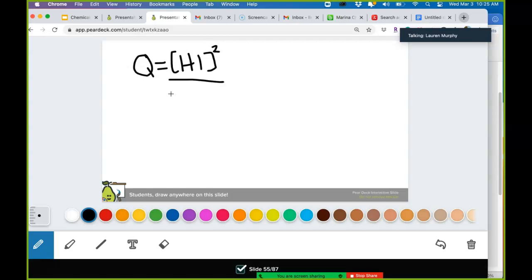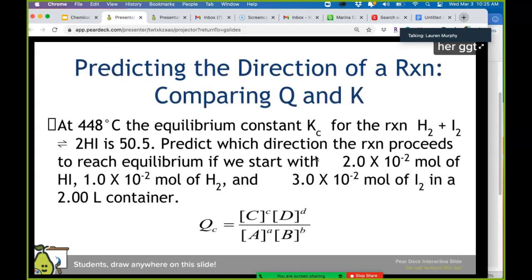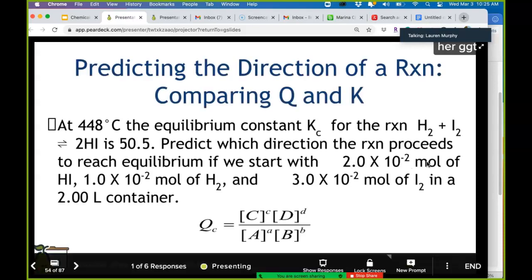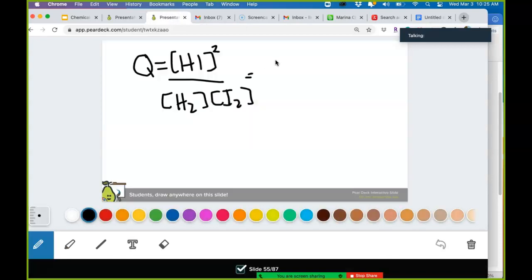Products over reactants raised to their respective coefficients. Now I'm going to use molarities. So I'm going to take 2 times 10 to the negative second moles and divide by 2 liters. That's my molarity.